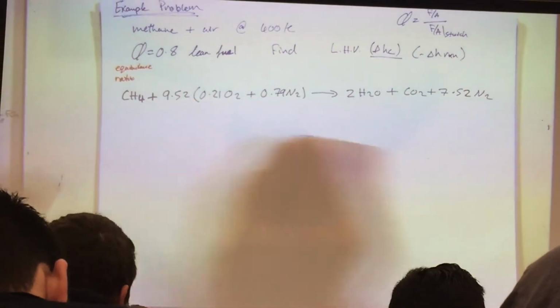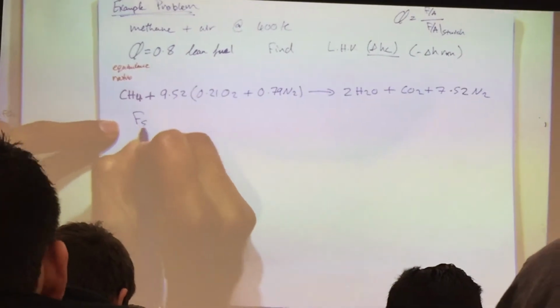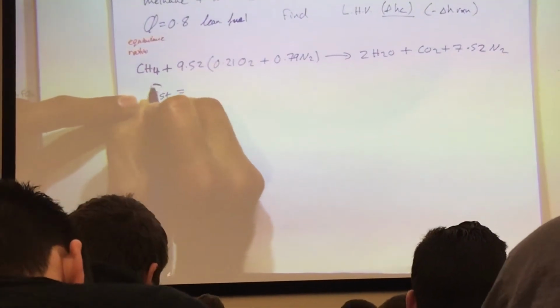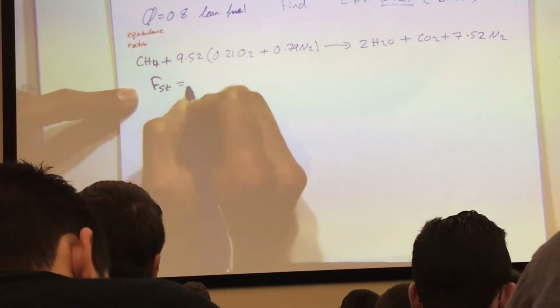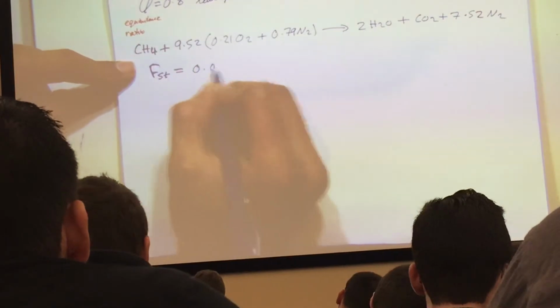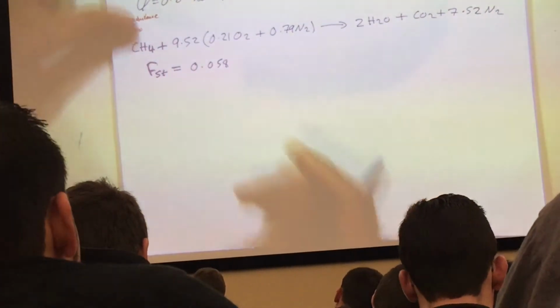And what we got out of this is the stoichiometric fuel-air ratio. Remember, this is the fuel-air ratio, stoichiometric, is equal to 0.058. If you're wondering where we got all that information from, the last class we just did this, right?